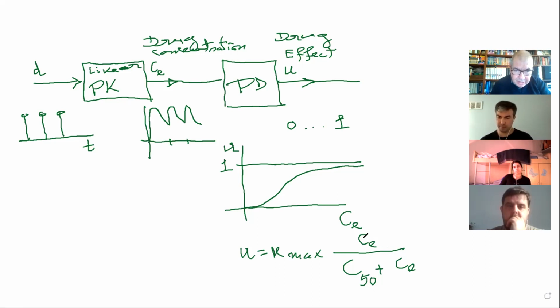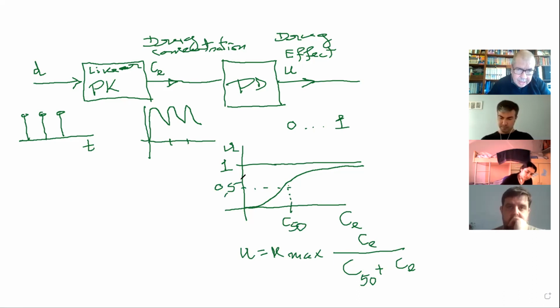Then if C is very big, C is much bigger than C50, then this is approximately C divided by C, so this approaches 1. If C is equal to C50, what is the value? You get the maximum value divided by 2, 0.5. That's right. Okay.